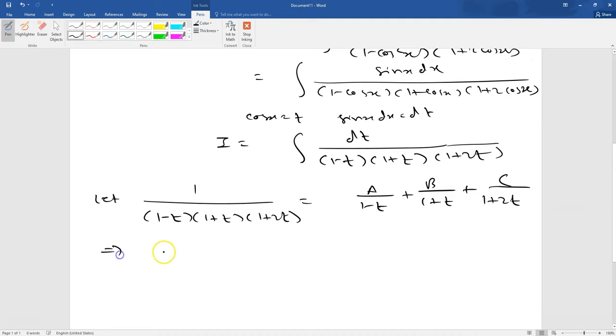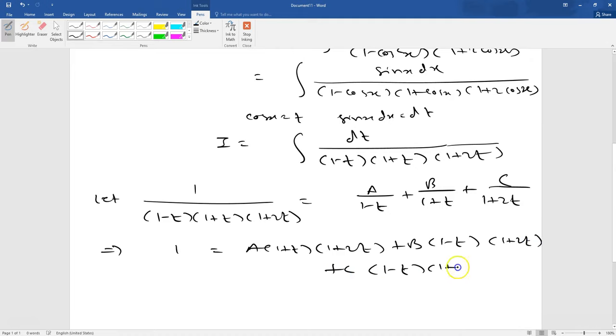Right. So this means 1 is equal to a(1 plus t)(1 plus 2t) plus b(1 minus t)(1 plus 2t) plus c(1 minus t)(1 plus t).